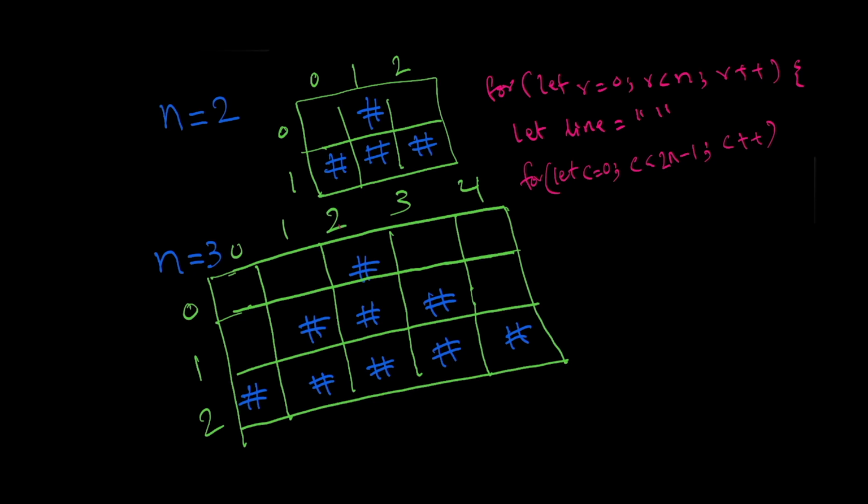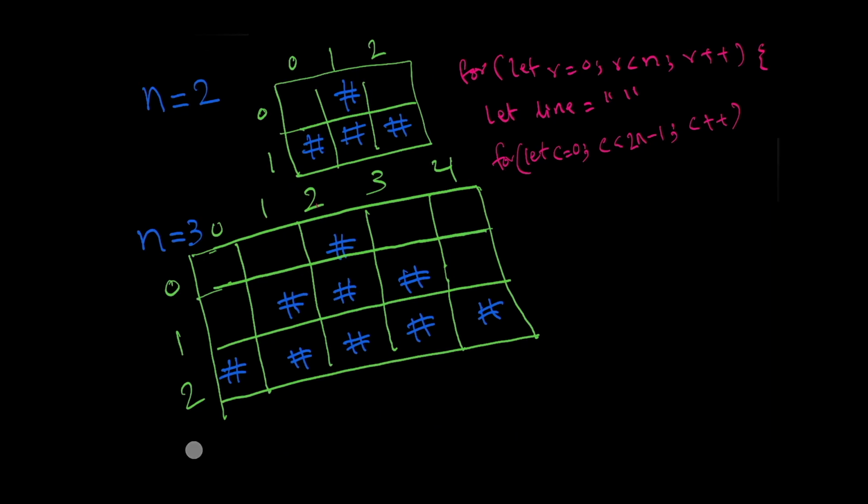If you look at it, we know that the middle column always has the pound symbol. So let's figure out the formula to find the middle column. If we have 5 columns and we divide that by 2, we get 2.5, and if we round down this number, we get 2, right? And you can see that column 2 has the pound symbol in every row.